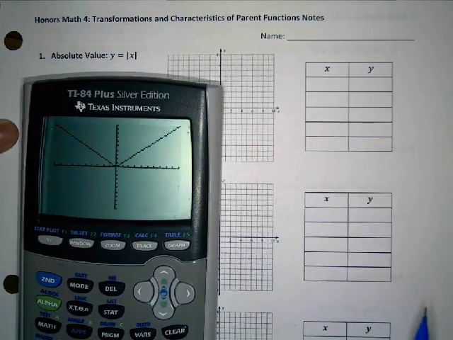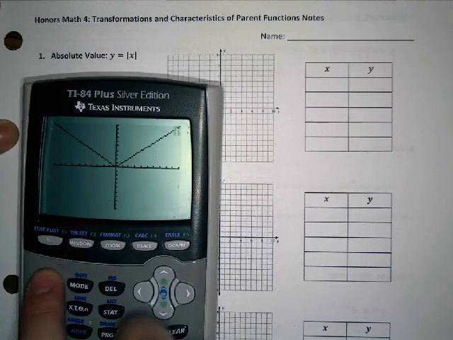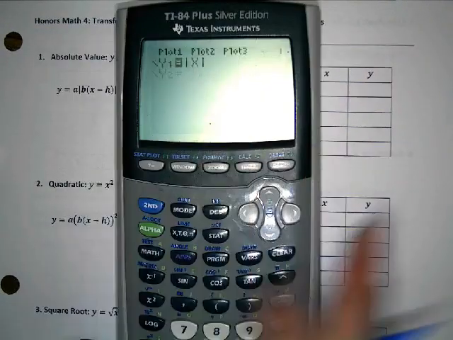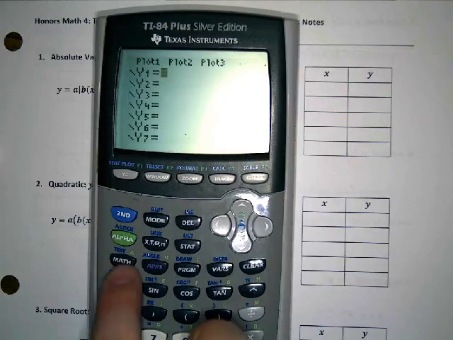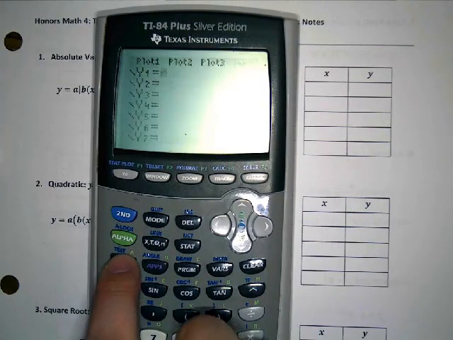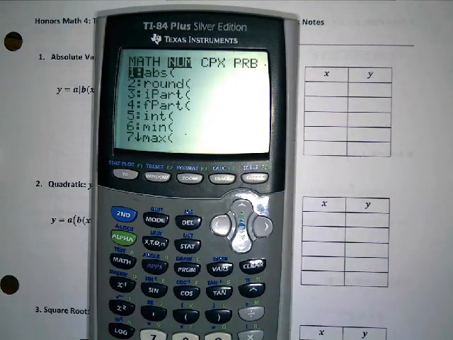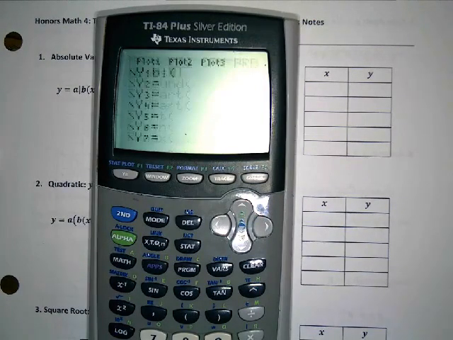And then if you want to get the points from the table, you hit second graph, and then there's your table. So from here, you would hit the math button, and you would go over to number and press enter. Yep, press 1 or press enter.